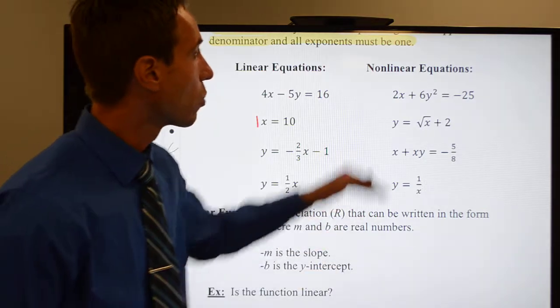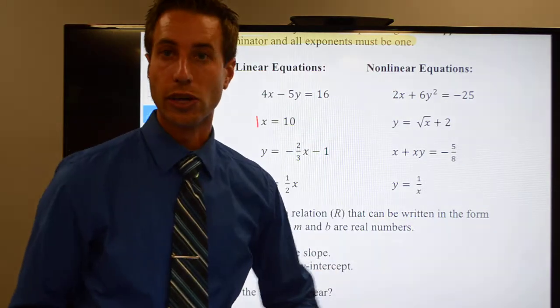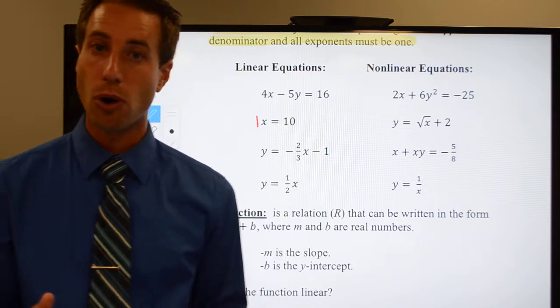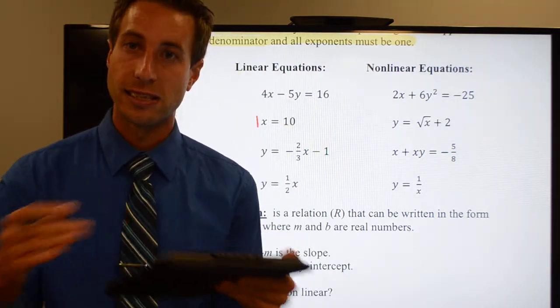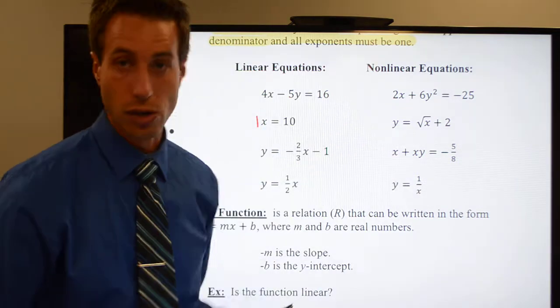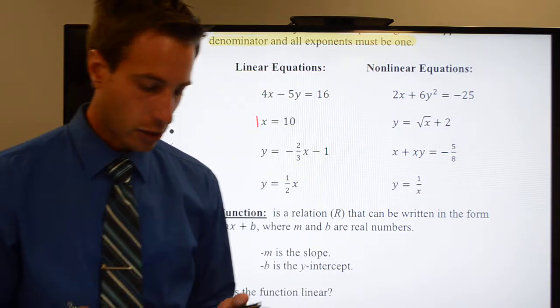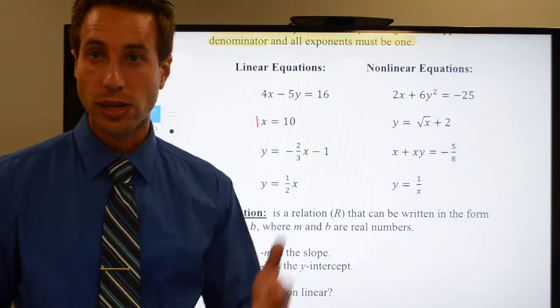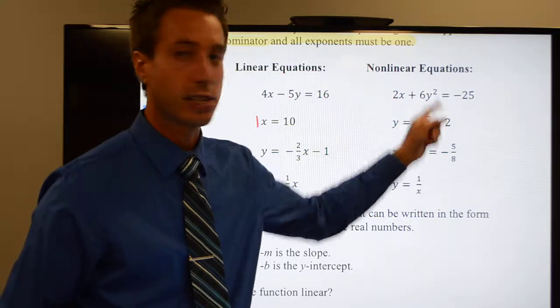Now let's take a look at the ones that are not linear equations and see if we can figure out what part of the definition is being broken or what part of the definition is not met that makes these nonlinear. Well, we go ahead and take a look at the first one. It should jump right off the page at you. It looks like what has happened here is I have a y squared.